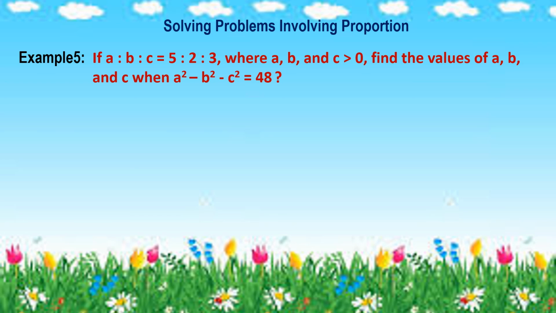Example number 5. If a is to b is to c is equal to 5 is to 2 is to 3, where a, b, and c are greater than 0, find the values of a, b, and c when a squared minus b squared minus c squared is equal to 48. So first we have a is to b is to c is equal to 5 is to 2 is to 3.